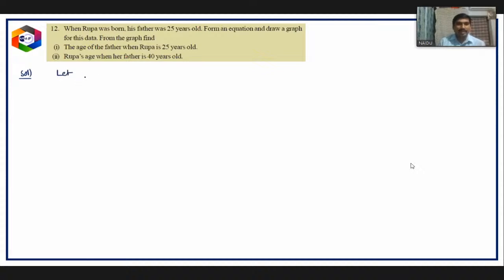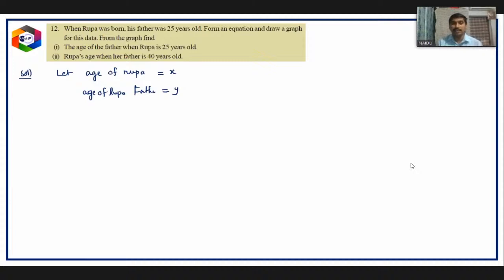So let the age of Rupa be x years. The age of Rupa's father will be y. Since at the birth time the father was 25 years old, if Rupa is 1 year old, he will be 26.